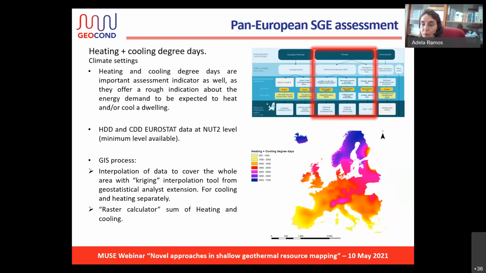So in order to create a complete layer covering the whole territory, this data had to be interpolated. We used the gridding tool, which is available in the interpolation toolset of the Geostatistical Analyst extension of ArcGIS.